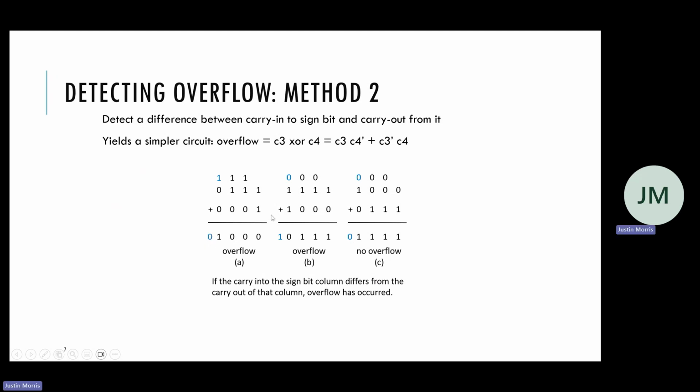So this is the same examples from before, and we can see our carries here, and then the most significant carry. I take the XOR of this with the carry out, which is 0. XOR of this is 1, so there's overflow.